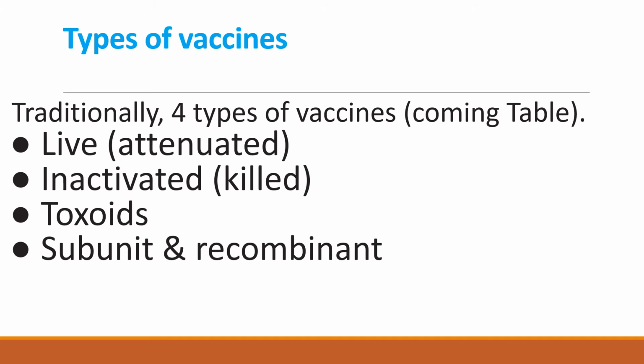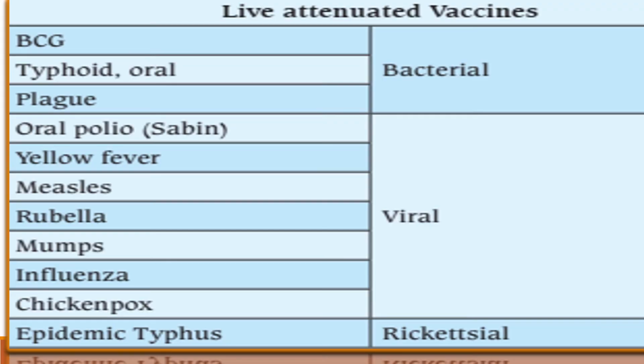Types of vaccines. Traditionally, 4 types of vaccines will be explained in the coming table: live attenuated, inactivated, toxoids, subunit, and recombinant. Live attenuated, either bacterial, viral, or rickettsial. Rickettsial: epidemic typhus.